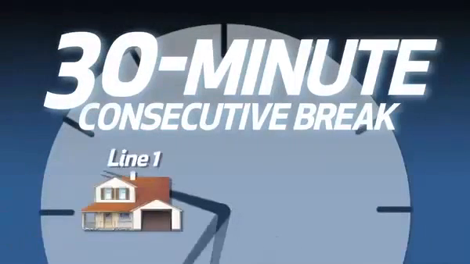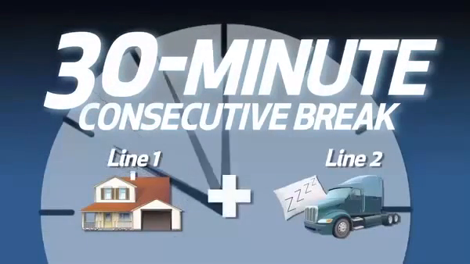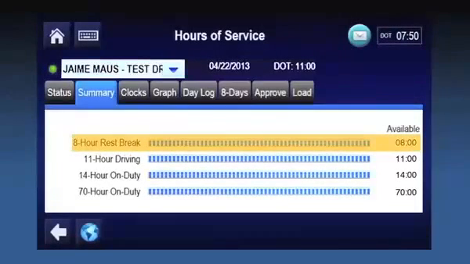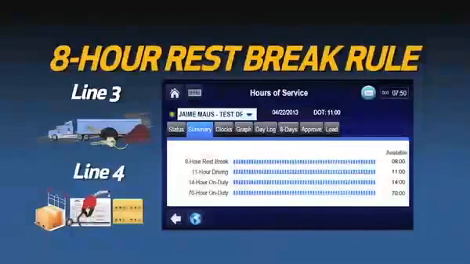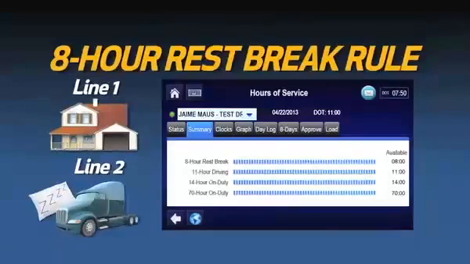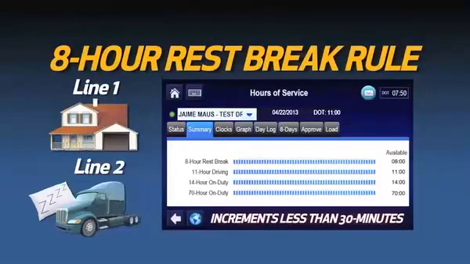A consecutive 30-minute rest break on Line 1, Line 2, or a combination of the two will allow you to get all hours back on the rest break rule. All Line 3 and Line 4 time counts against this rule. Line 1 and Line 2 time, when taken in increments of less than 30 minutes, will also count against this rule.